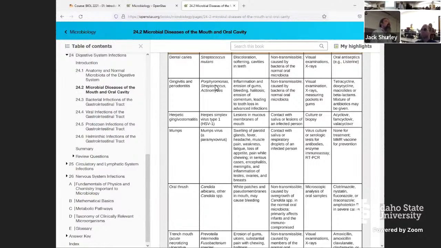Another tidbit I will share goes into the research with the Porphyromonas. There are some toxins that I believe are released from these bacteria, and they're trying to think about maybe blocking some of that as well.